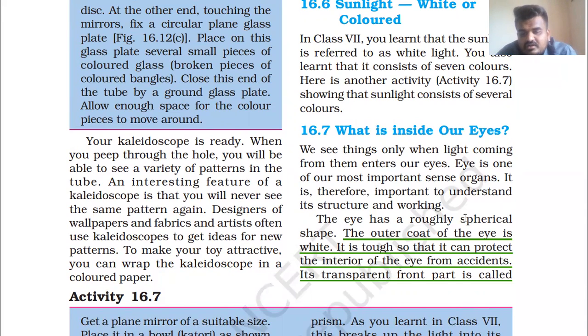First, the outer coat of the eye is white. It is tough so that it can protect the interior of the eye from accidents. Whatever white part you can see in the eyes is very tough so that it can protect our eyes from accidents.